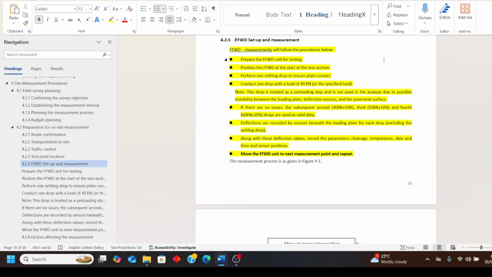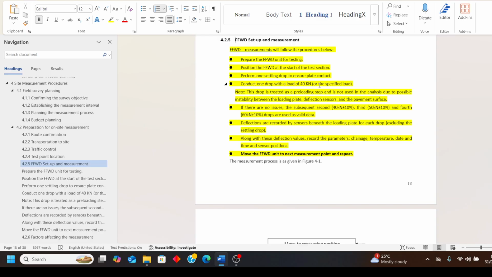Then we have FFWD setup and measurement. The procedure is that first we place the FFWD unit at the start point, then we perform the settling drop, which makes sure that the load plate is in proper contact with the pavement, and then we do the test drops.